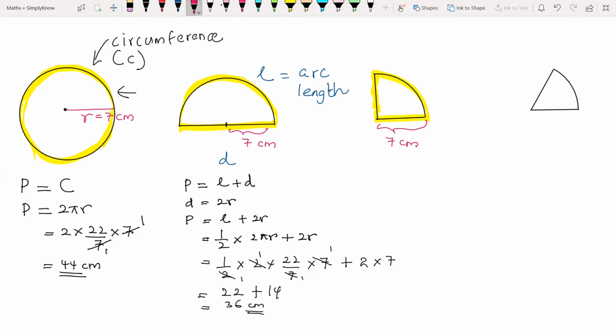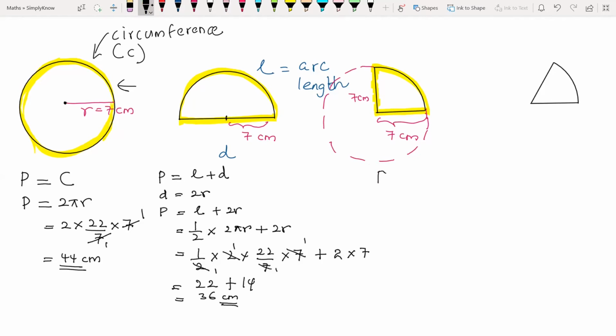This is also 7 centimeters. Because if you complete the circle like this, you can find out that these two lengths are the two radii of this circle.